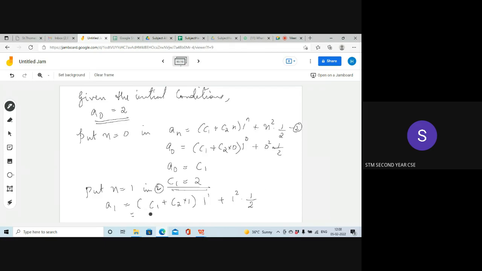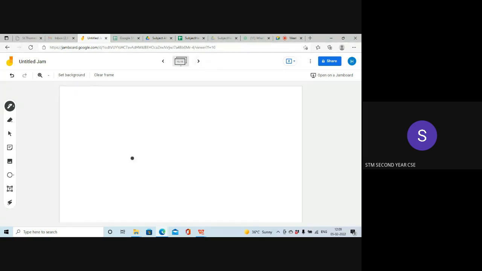This becomes c1 plus c2 into 1 is 1 plus 1 by 2. We found the value of c1, so a1 is equal to 2 plus c2 plus 1 by 2.